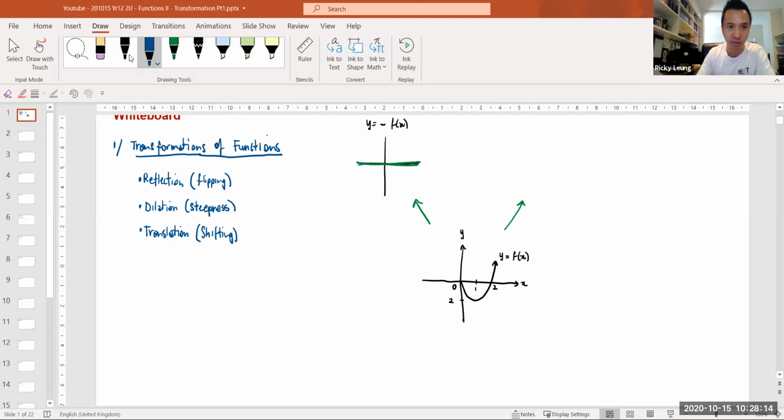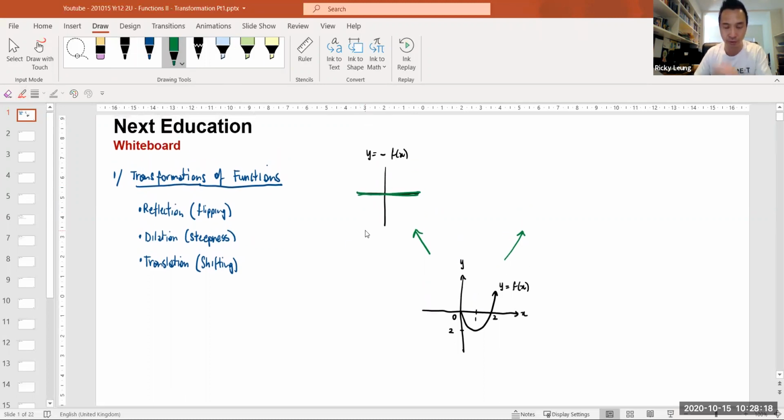So this one here, let's give it a heading right on top: reflection about x-axis. So then my function, having the green line there as a mirror, would basically just go down there.